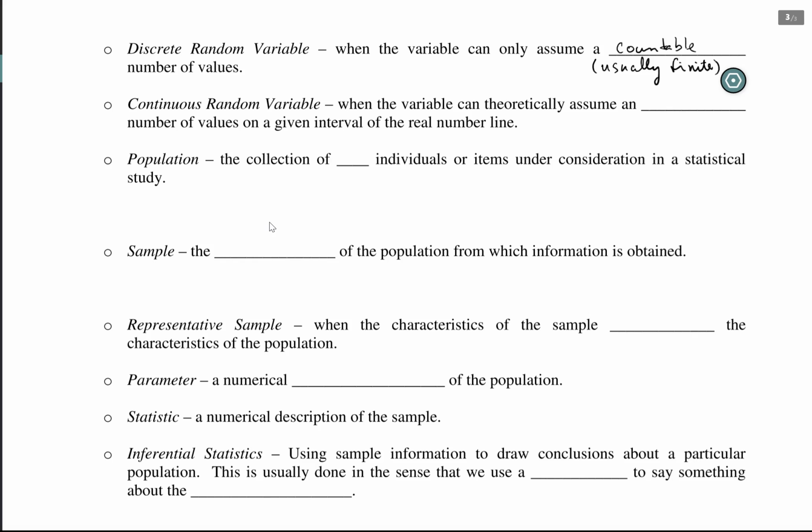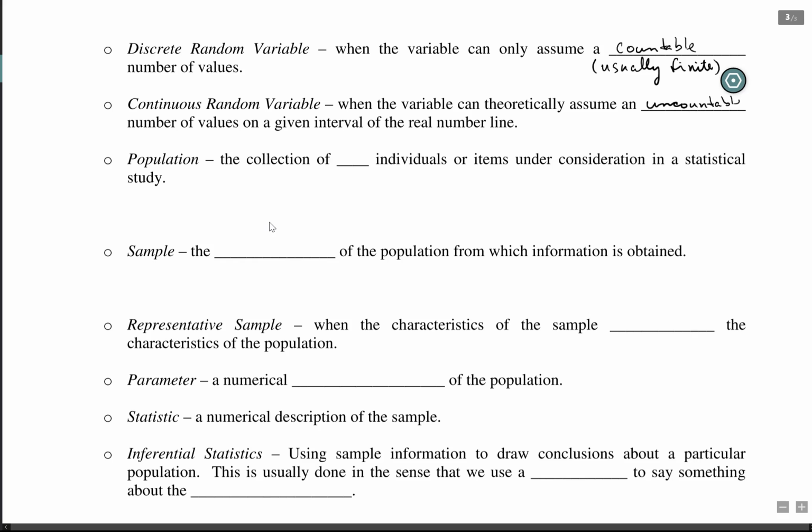A continuous random variable is when the variable can theoretically assume an uncountable number of values on a given interval of the real number line. Some examples of this are things like the time it takes to walk from point A to point B, or the amount of gas that a person puts in their vehicle.